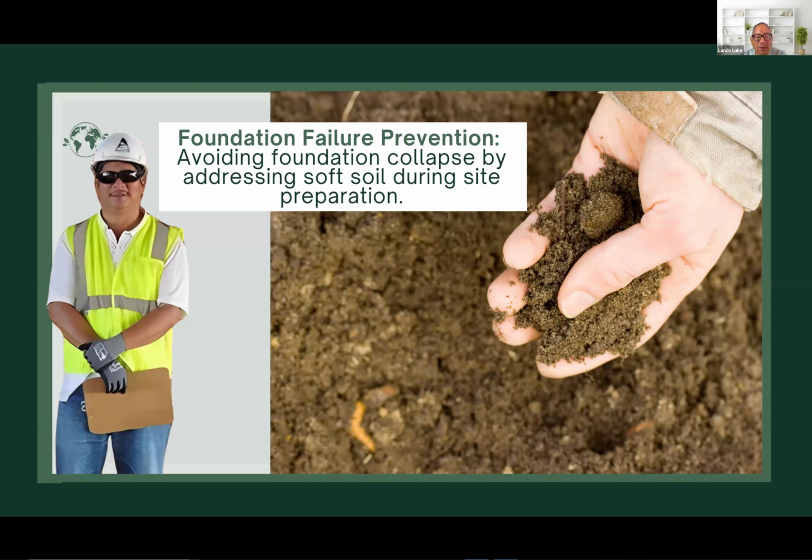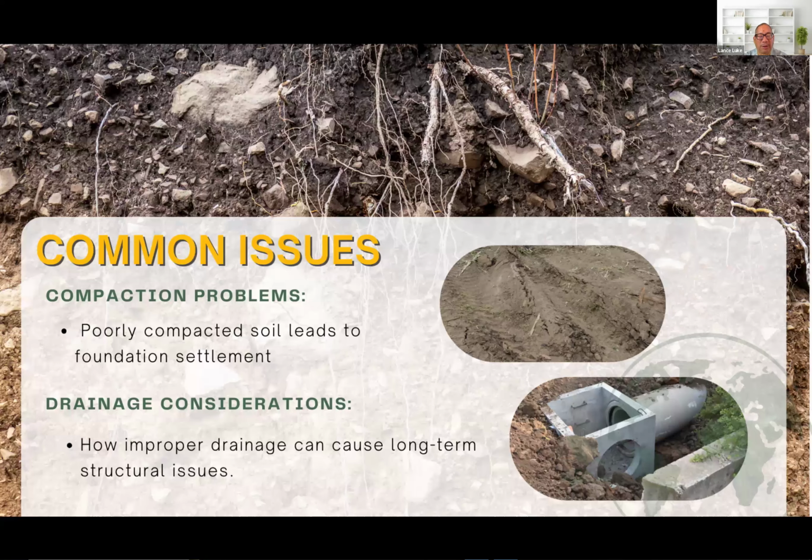Addressing soft soil: loose or compressible soil should be stabilized or reinforced to avoid settlement issues. Preventive methods: soil stabilization techniques such as compaction, adding binders like cement or lime or other kinds of chemicals in the soil, or using structural supports like geogrids or fabric and things like that to stabilize or make the soil stronger.